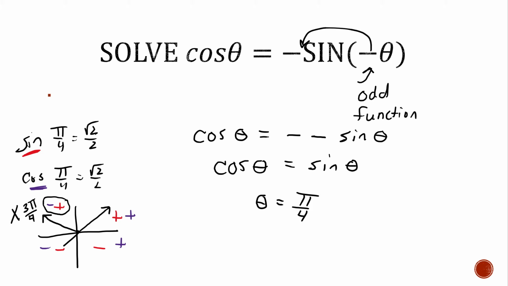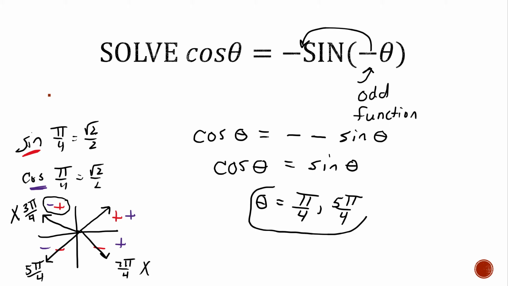But down here, they're both negative. So this is 5 pi over 4. So in that quadrant, they would have the same value and they would both be negative. And then in this quadrant, this is your 7 pi over 4. One's positive, one's negative, so that's not going to work. So we just have these two solutions.